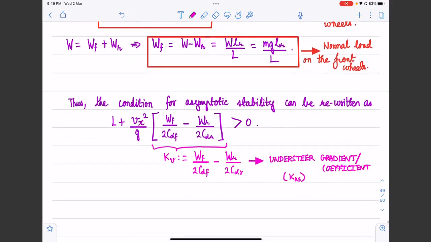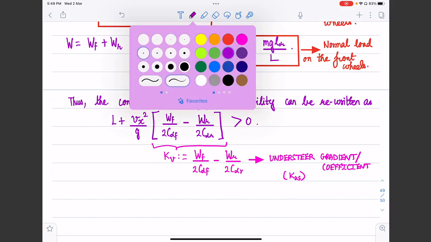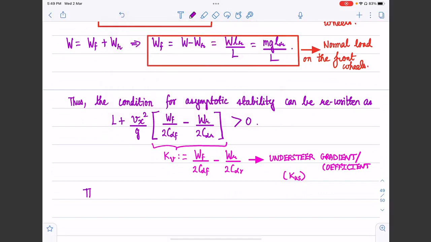Finally, using the linear dynamic bicycle model, the condition for cornering stability becomes the following.